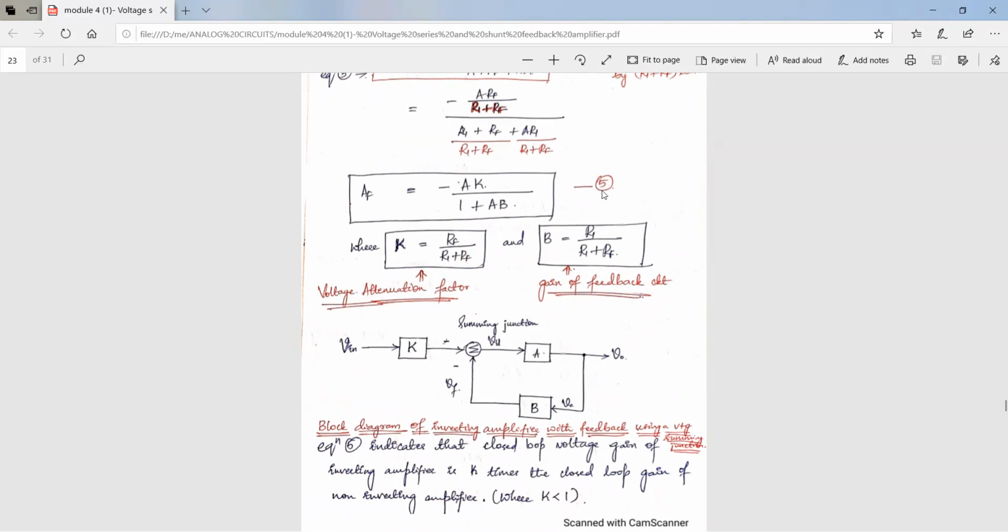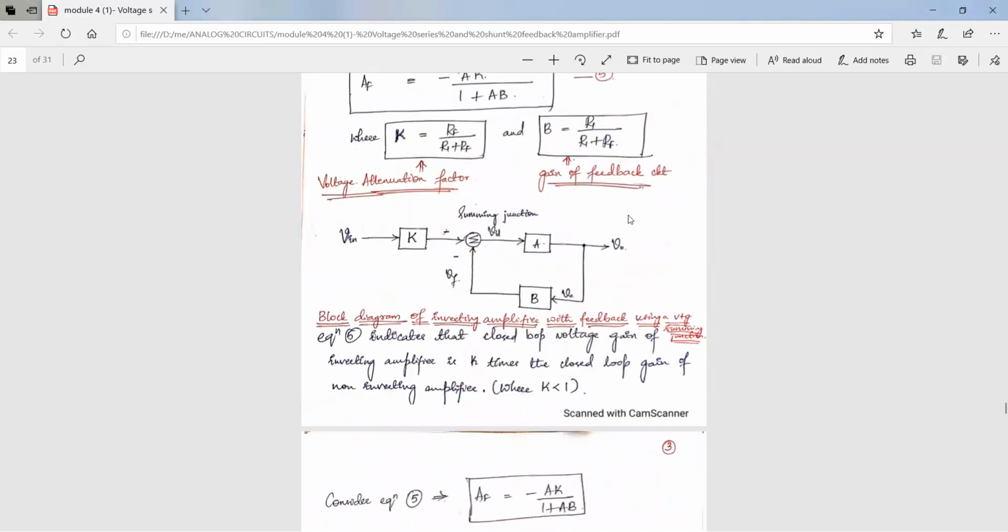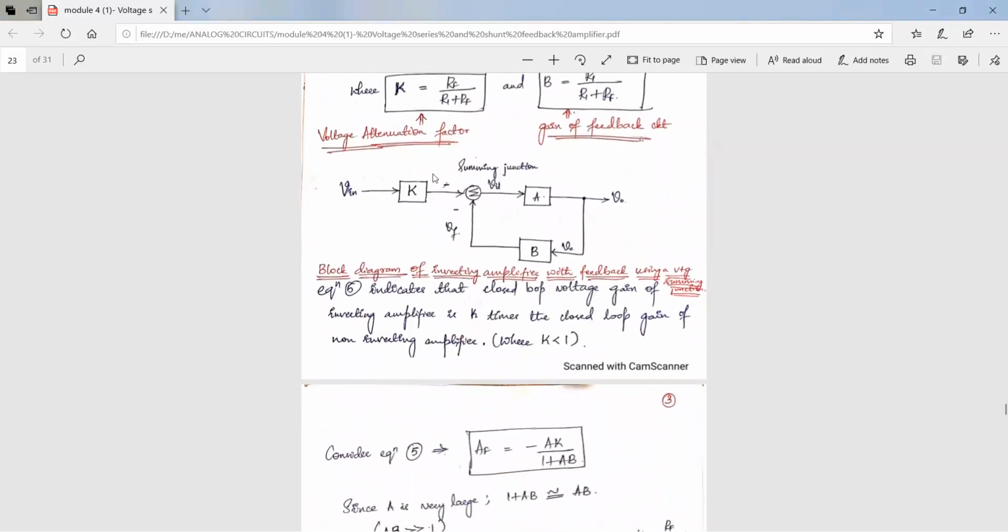This is very important. And this is the one line diagram of the inverting amplifier with feedback, wherein we have used voltage summing junction.